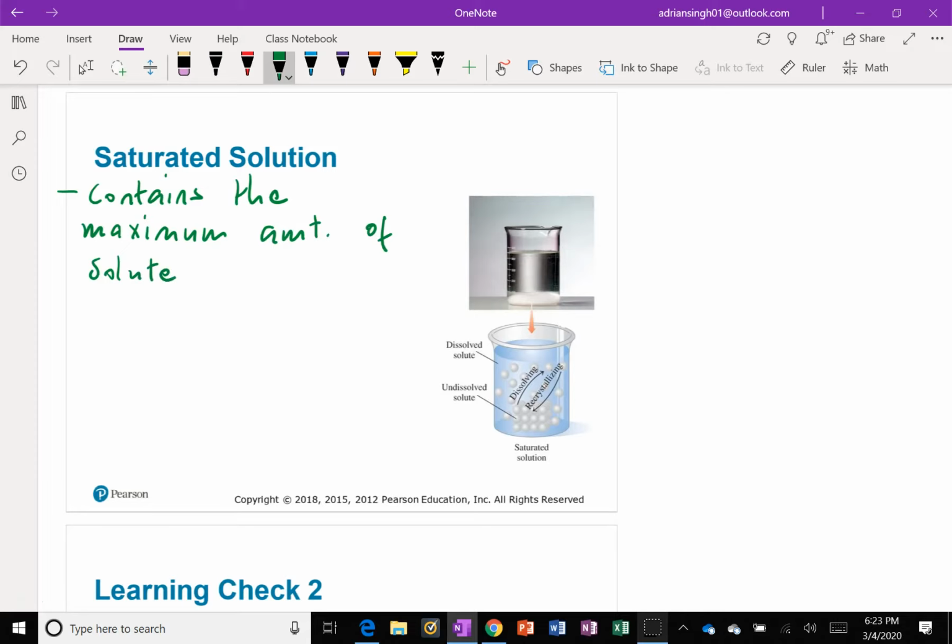So if you added any more solute, say any added solute will not dissolve.